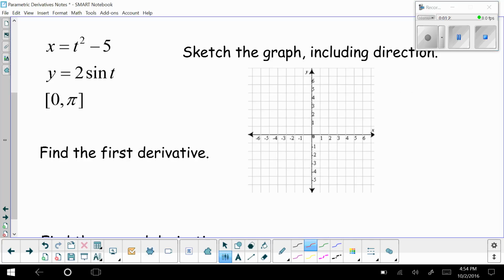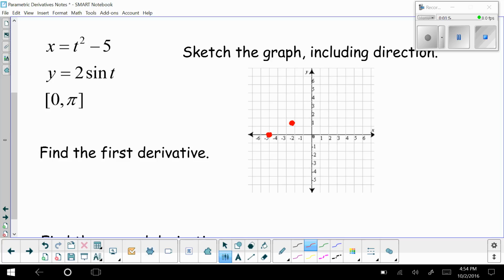First, in terms of the graph, when t is 0, x would be negative 5, and y would be 0. At pi over 2, pi over 2 is about 1.57, squared is about 2.5, minus 5 is about negative 2.5. And at pi over 4, y would be root 2, which is about 1.4.